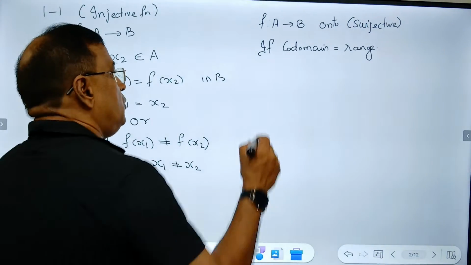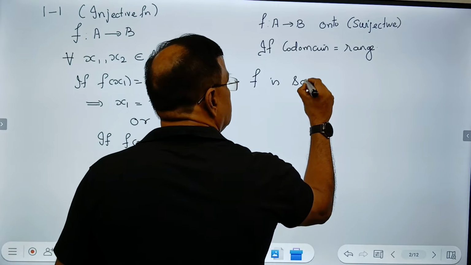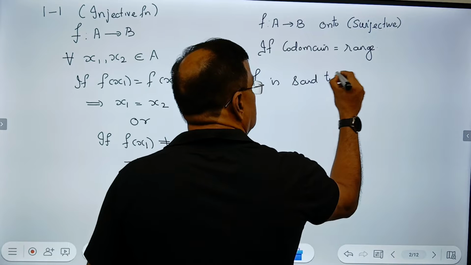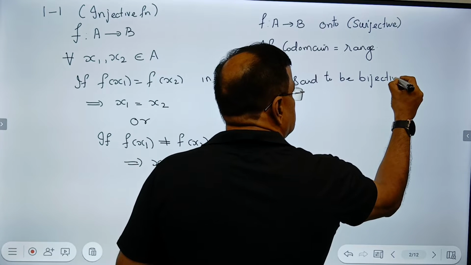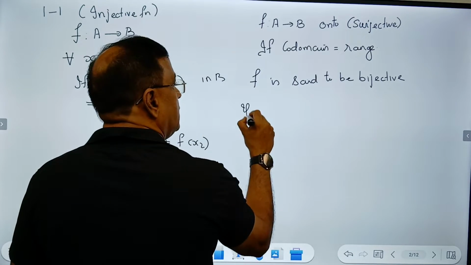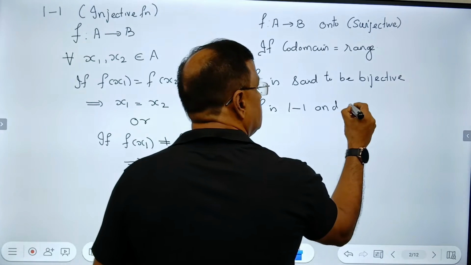I have also told you that f is said to be bijective when f is one-to-one and also onto.